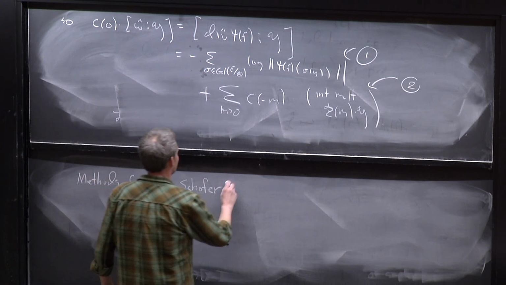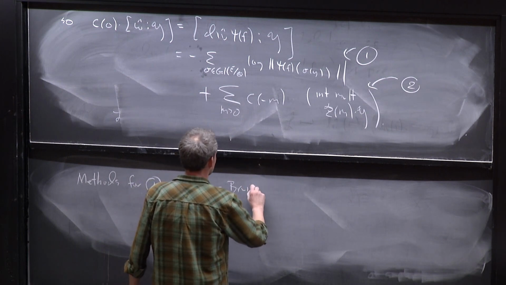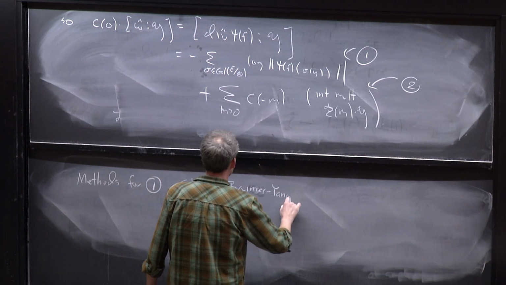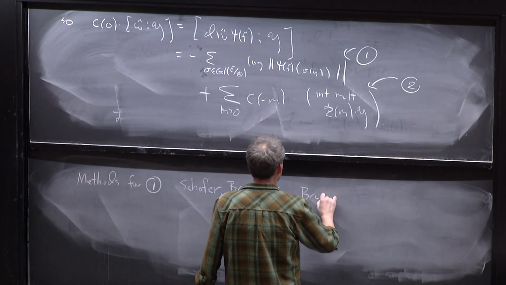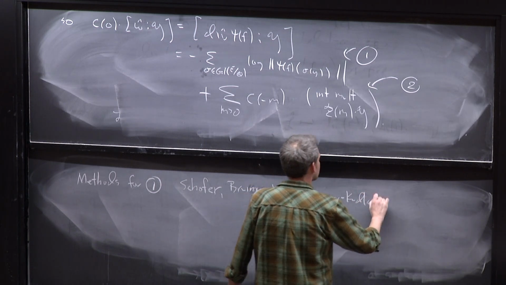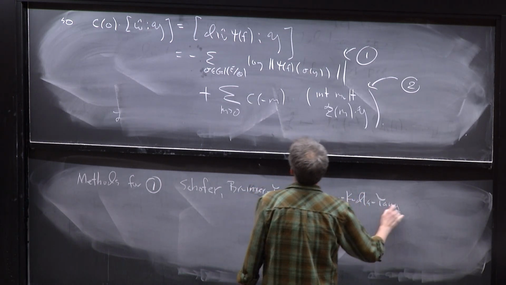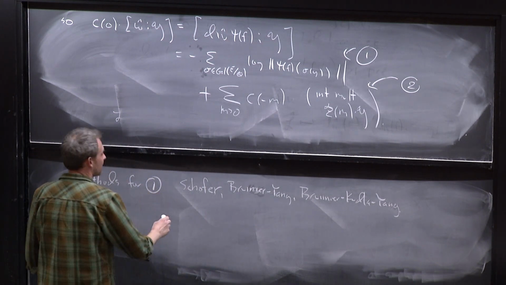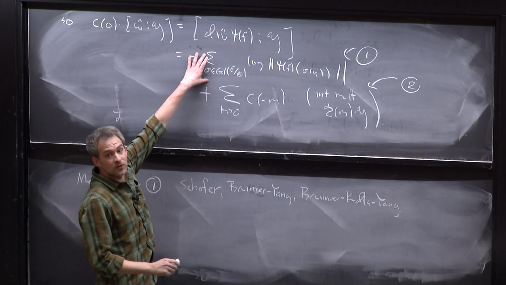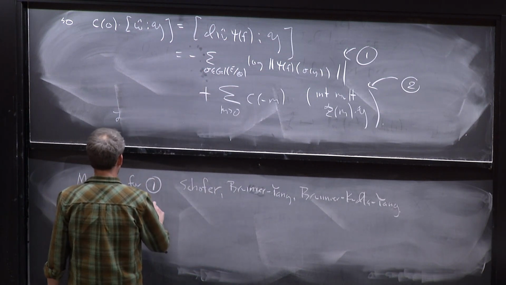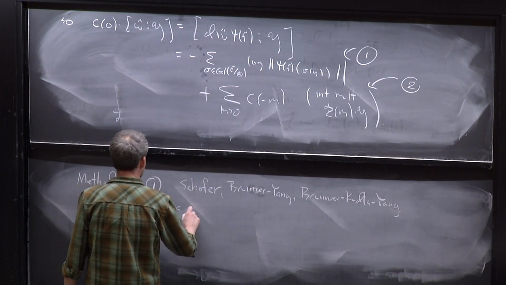And then it was picked up by Bruinier and Yang, and then further generalized by Bruinier, Kudla, Yang. And since I'm running out of time, let me just say, they can compute this. And what they get is 1 equals lots of stuff.